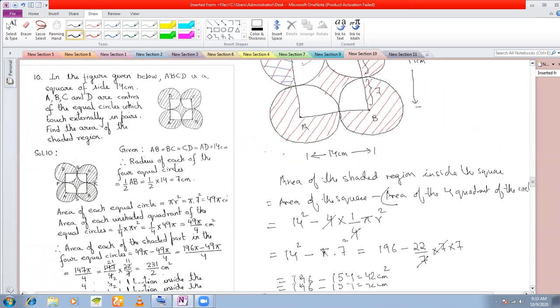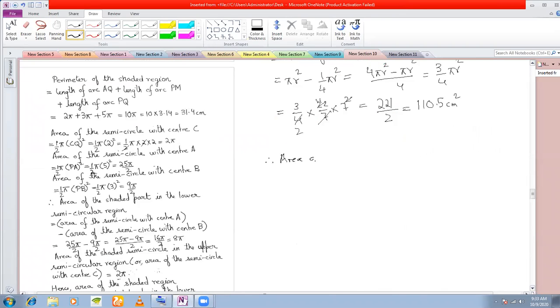Therefore, area of the 4 shaded regions outside the square is equal to, take the fractional one, 4 into 221 by 2. So this comes to 442 centimeter square. So what is the total area of the shaded region?